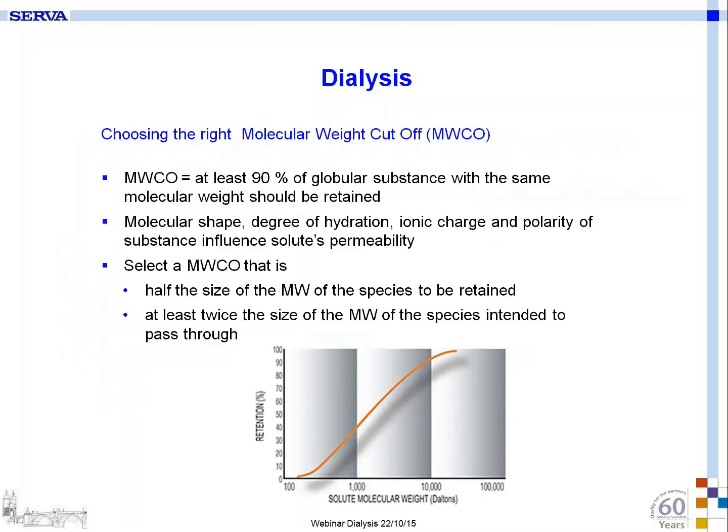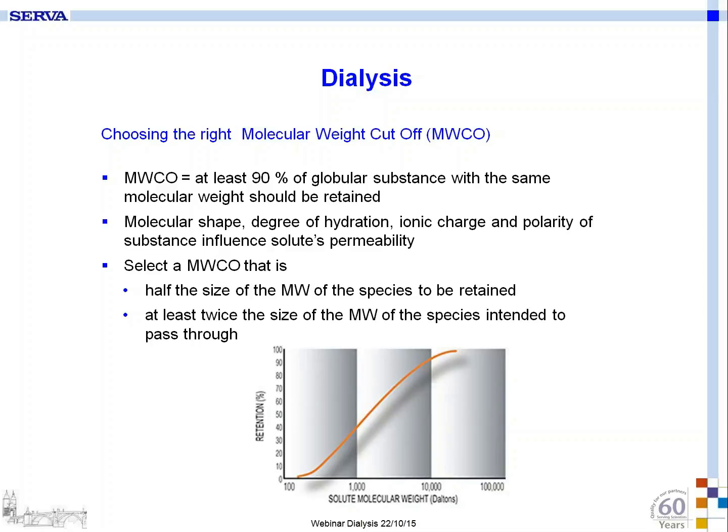How to choose the right molecular weight cutoff. The average or maximum pore size of a membrane determines which molecules will pass through the pore and which molecules will be retained in the membrane. And this is defined by the molecular weight cutoff, or MWCO, of the membrane.